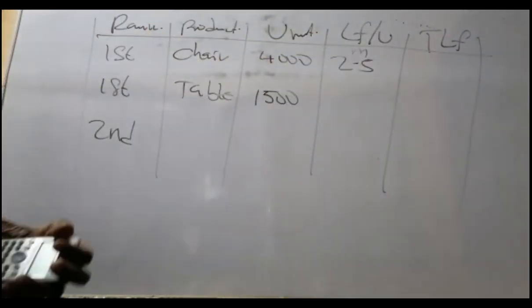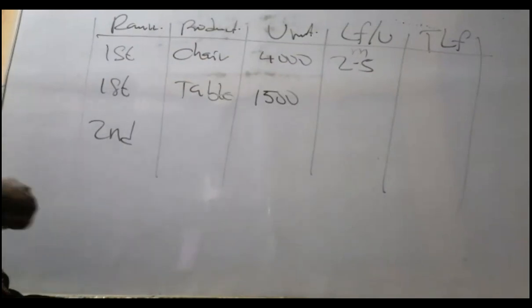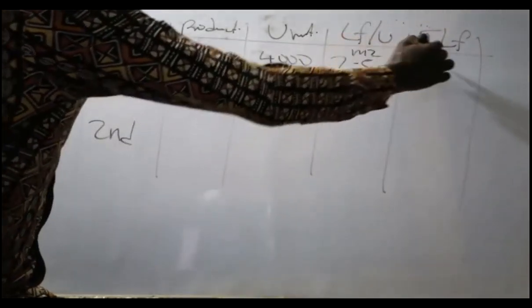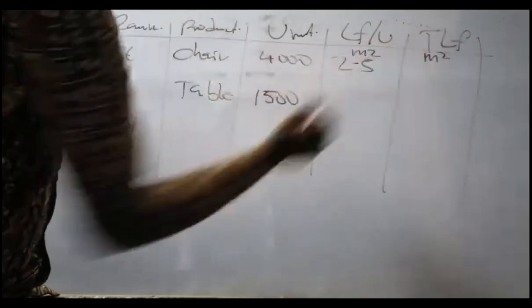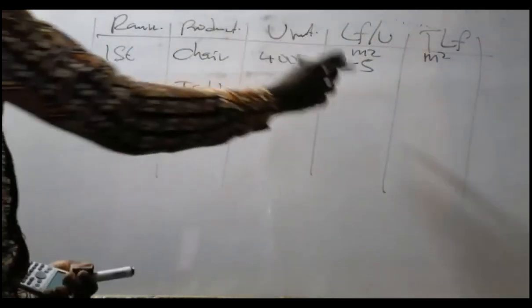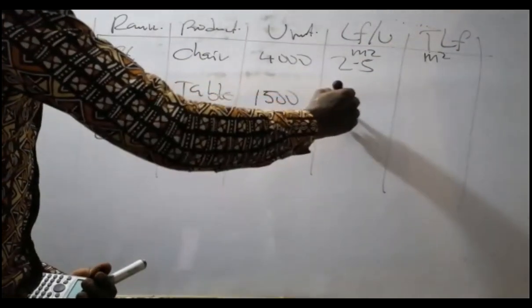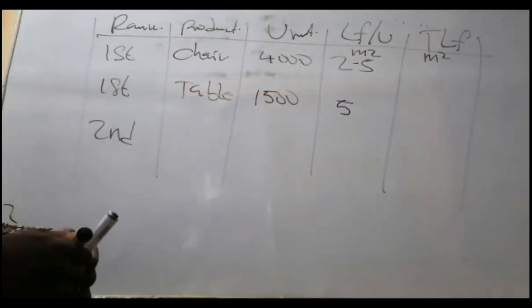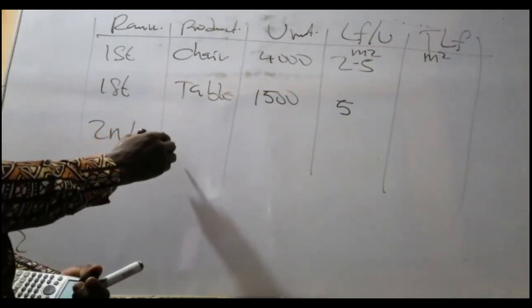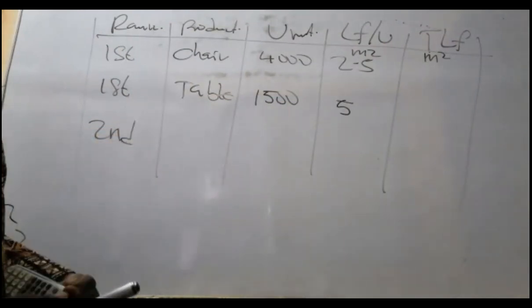That's the unit of measure. So meter square. And here is what? 5, right? Agreed. Good. And then the last one will be, let's do the first two.